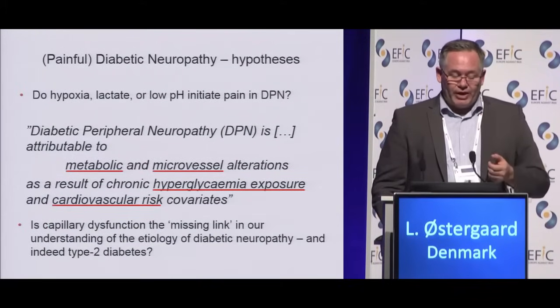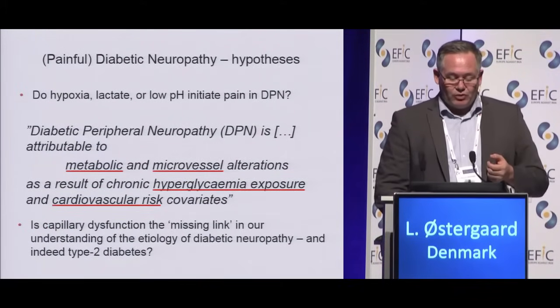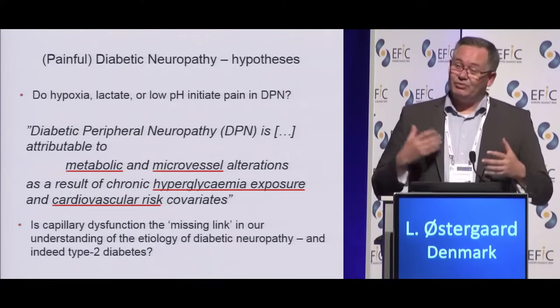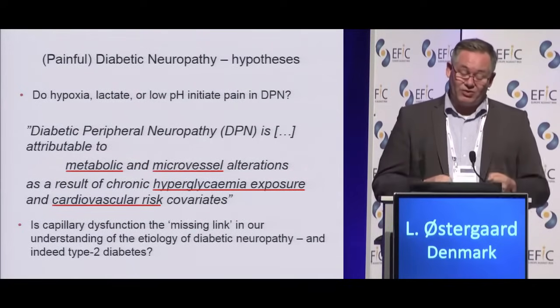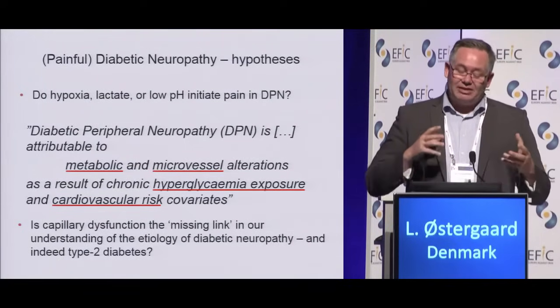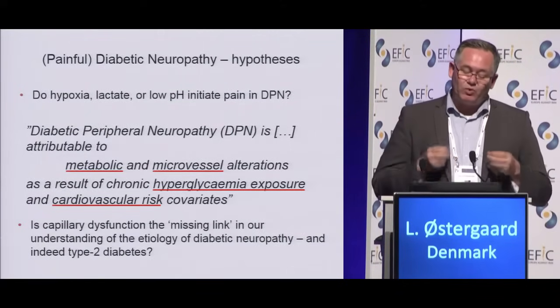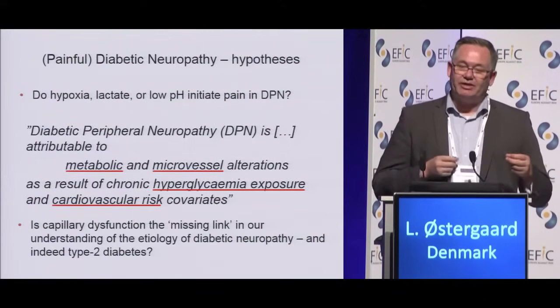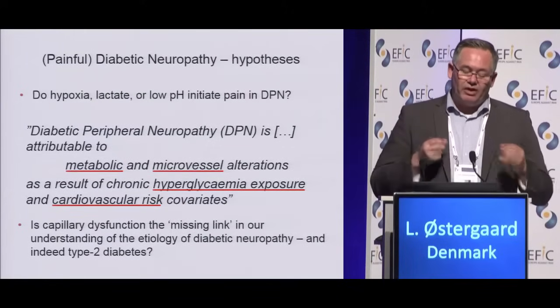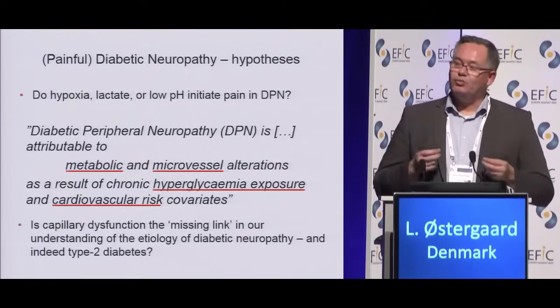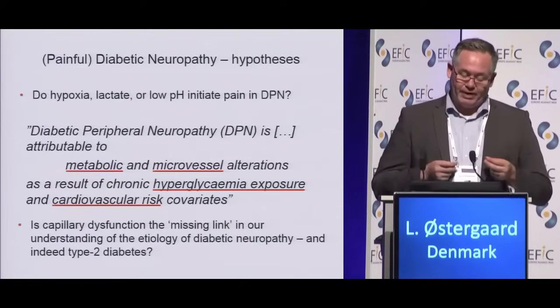So just to summarize, to go back to what we saw in the very beginning, first there's the $50 million question, and I'm so sad to disappoint you that it's only one line, but the origin of the pains in diabetic neuropathy. What we're exploring now is whether these metabolic correlates, namely the presence of hypoxia, lactate, and low pH, can be the cause of pain.